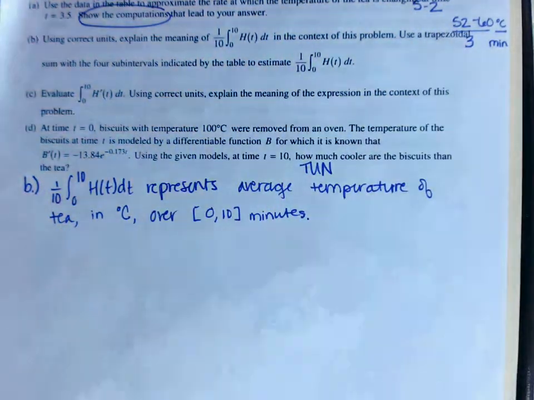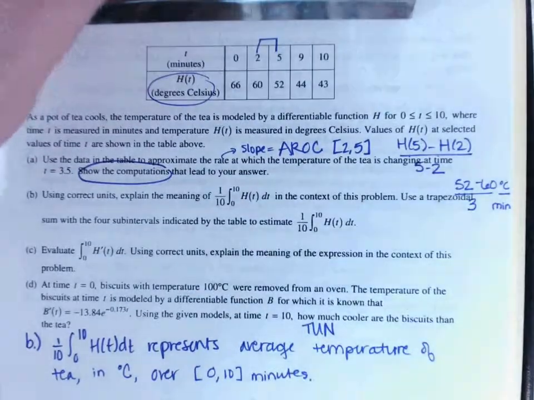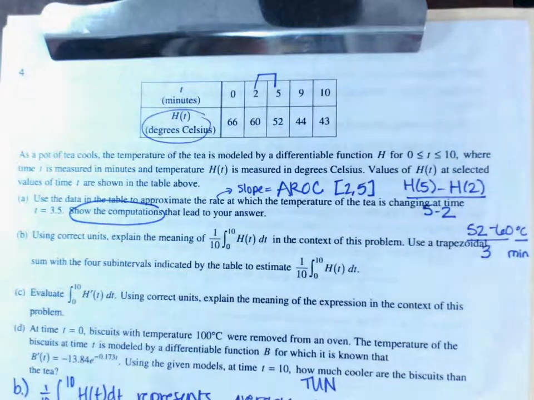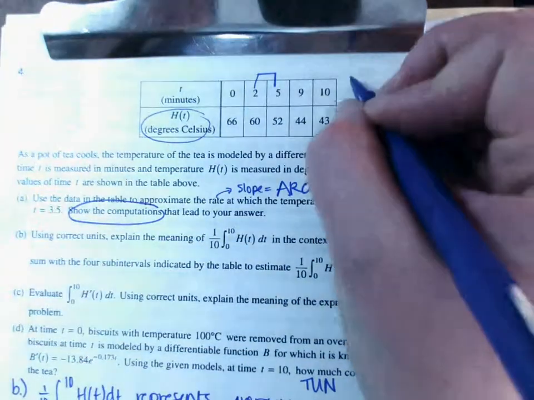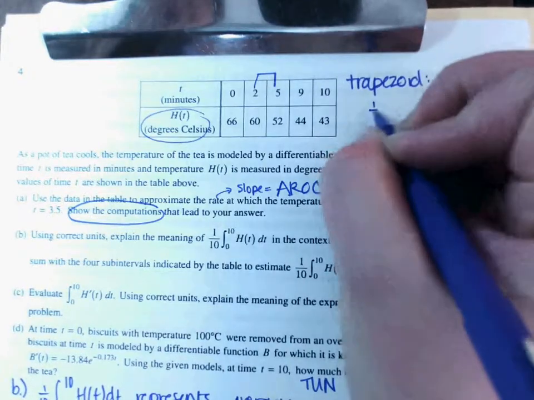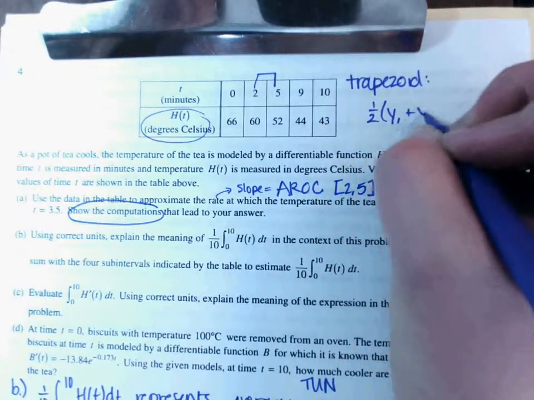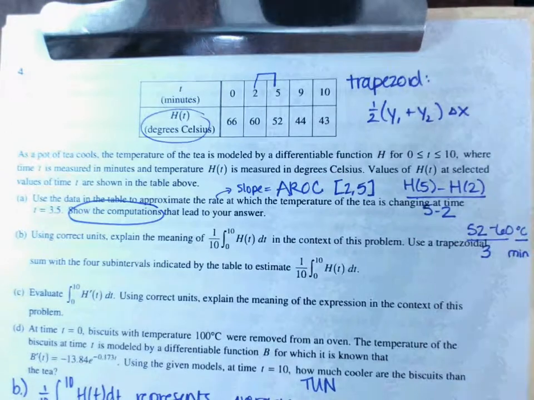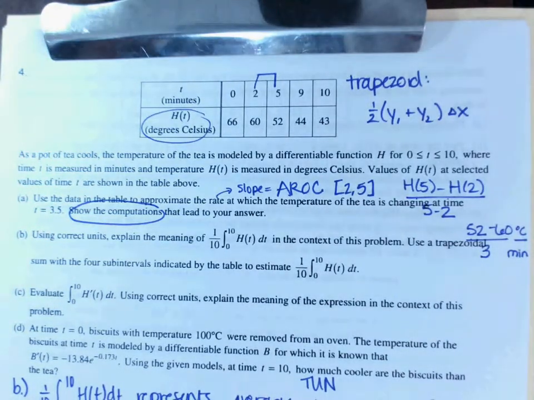So let's review. For a trapezoidal sum, do I have the same delta x, or is it changing on each subinterval? It's changing. So remember, it's 1/2 y1 plus y2 delta x. That's your formula for a trapezoidal sum.